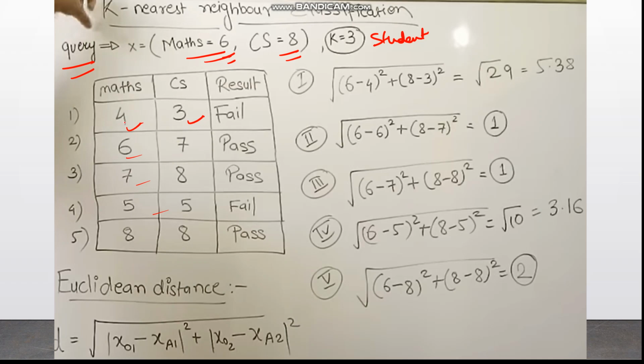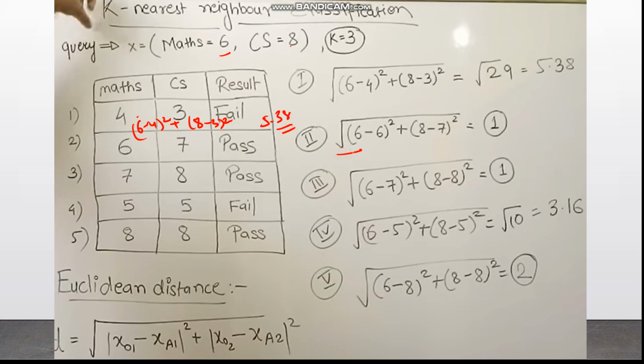It will calculate the Euclidean distance for the first record, which in this case will be 6 minus 4 squared plus 8 minus 3 squared, taken with the square root, and it will come to around 5.38.